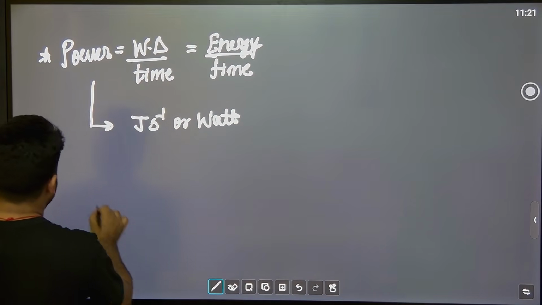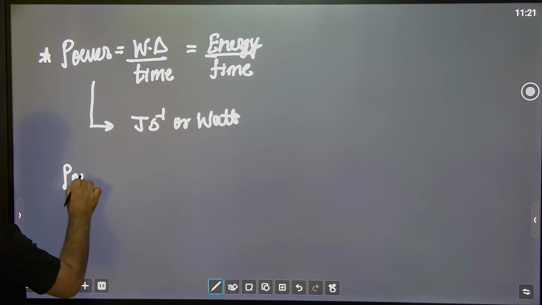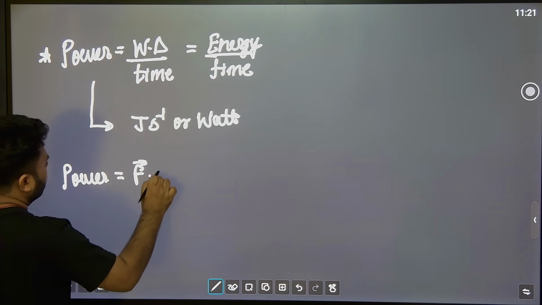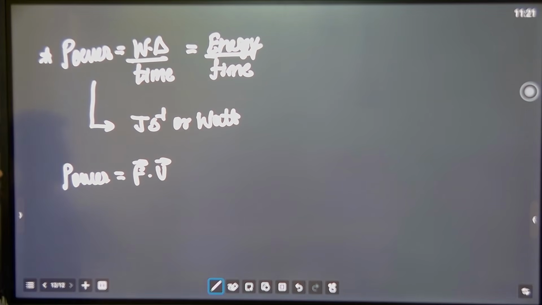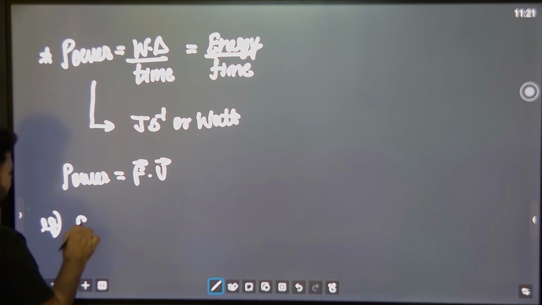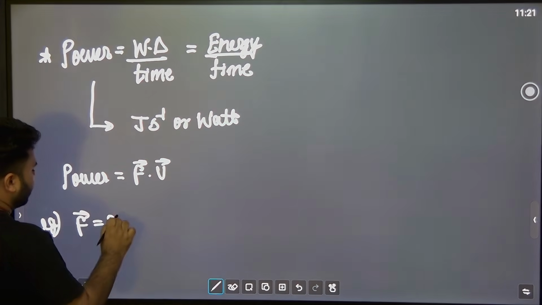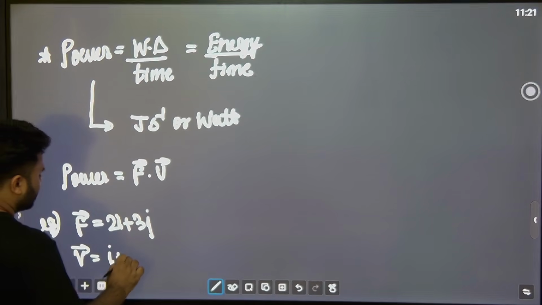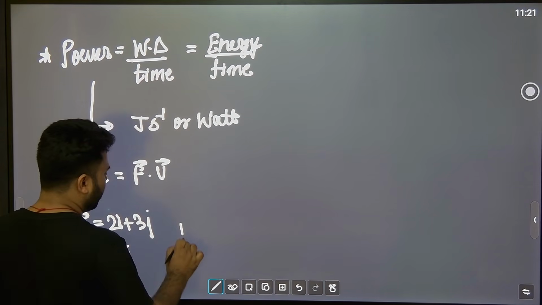Power has one more formula. Remember, very important: power equals F dot velocity. For example, sometimes they ask that the force acting on the object is 2i cap plus 3j cap, and the velocity of the object is i cap plus j cap. What is the power?